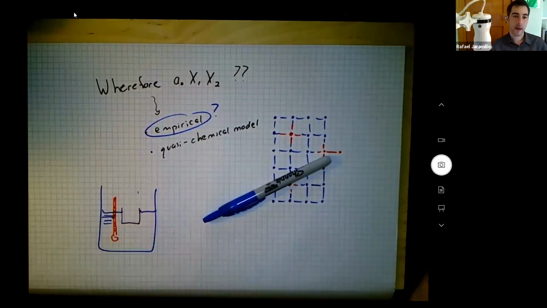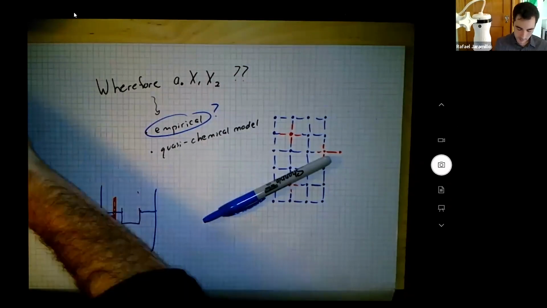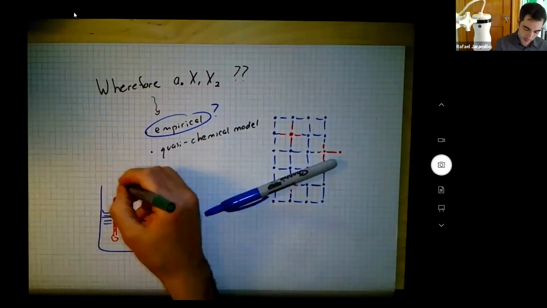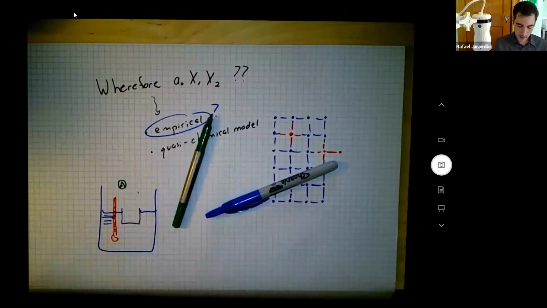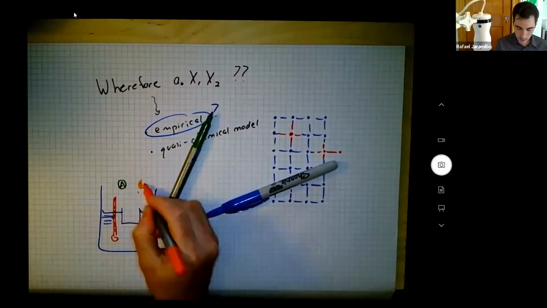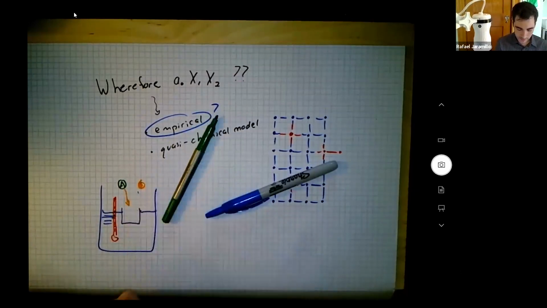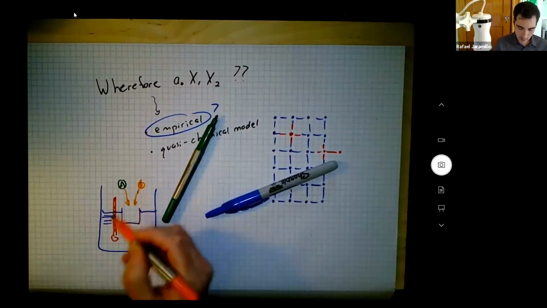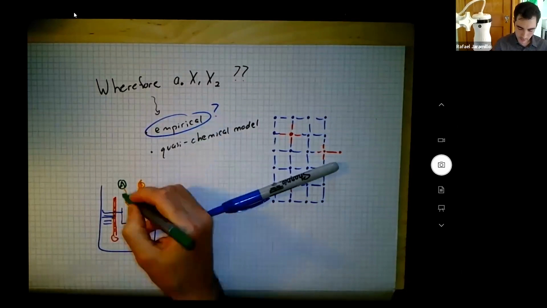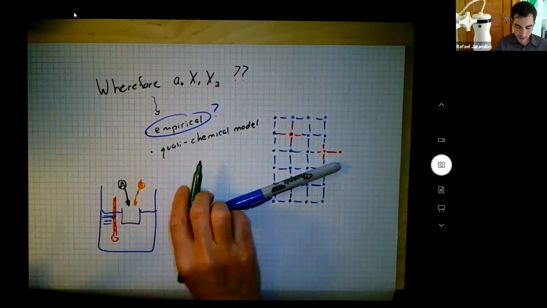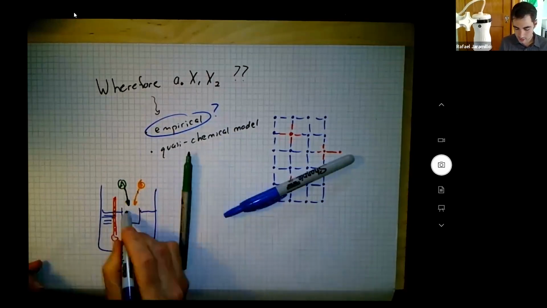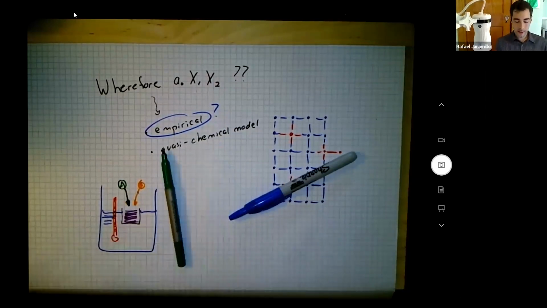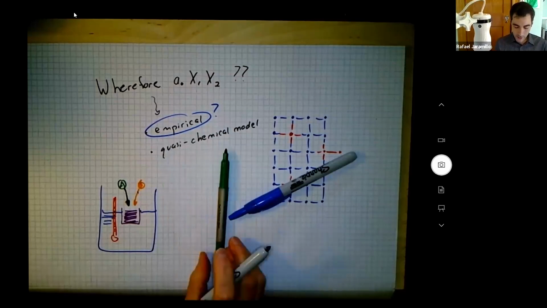And what we're going to do is we're going to make mixtures. So we're going to take some of A, and we're going to take some of B, and we're going to add them. We're going to add them in different quantities, and we're going to end up with different solutions in this little beaker, and we're going to measure the temperature rise, right?